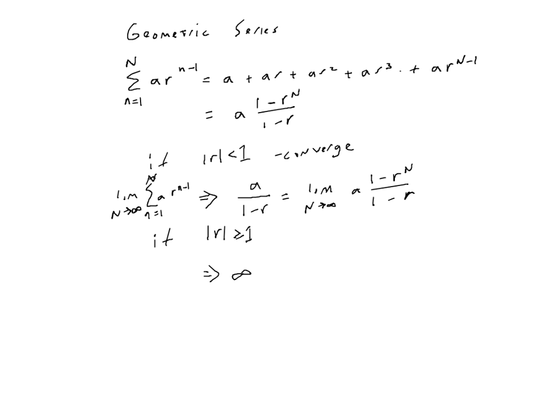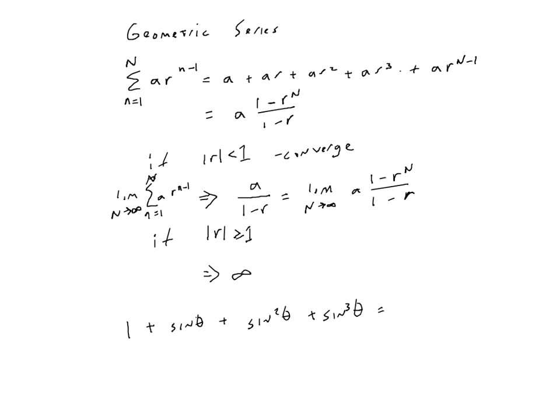So for example, if I had a series that looked like 1 plus sine of theta plus sine squared theta plus sine cubed theta, this could be a geometric series where a is equal to 1 and sine of theta is equal to r.